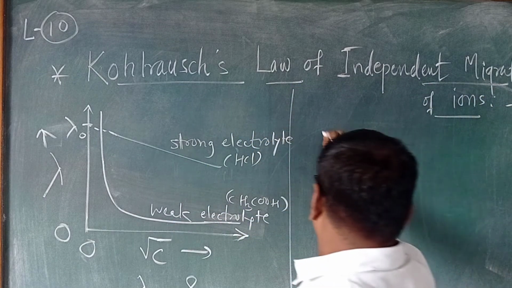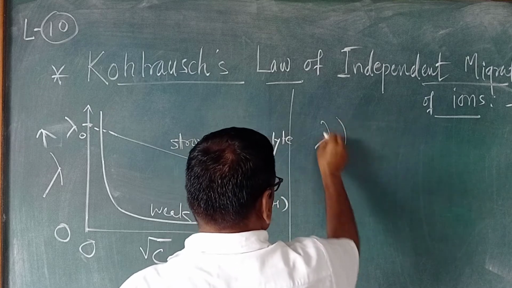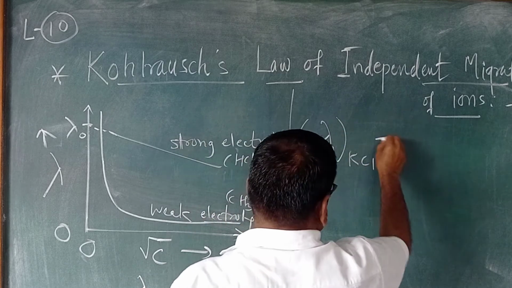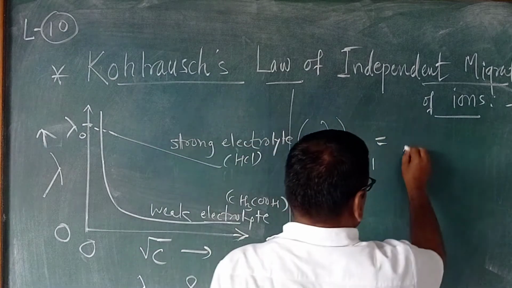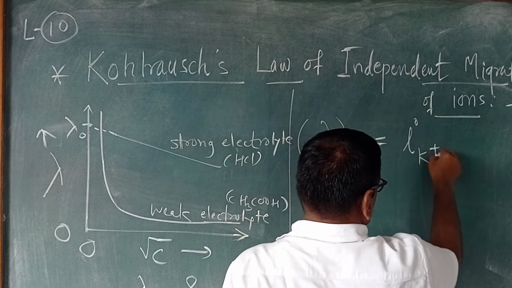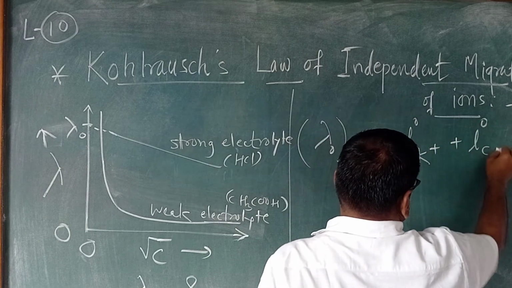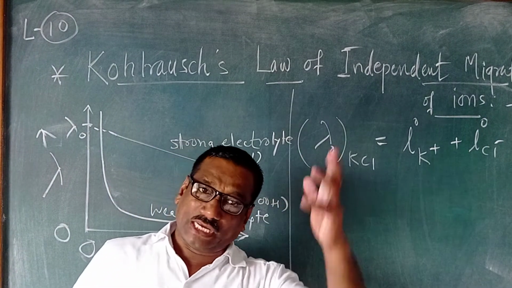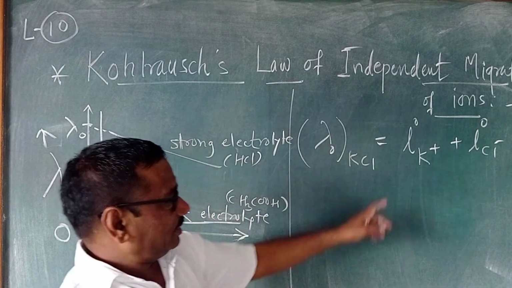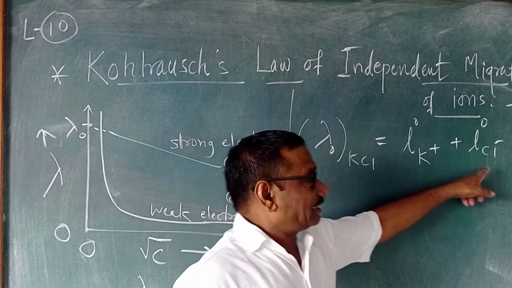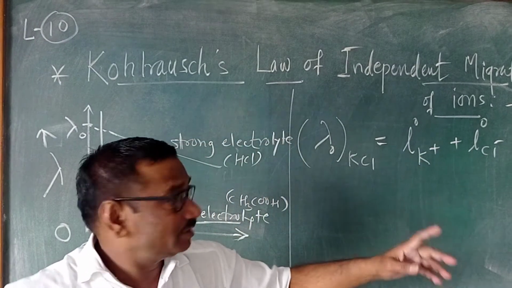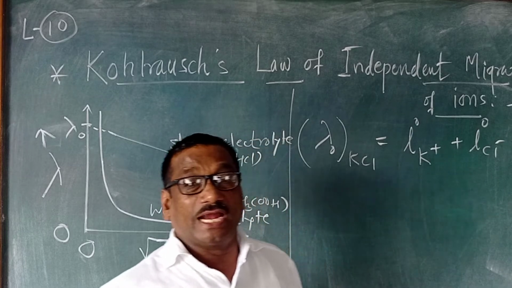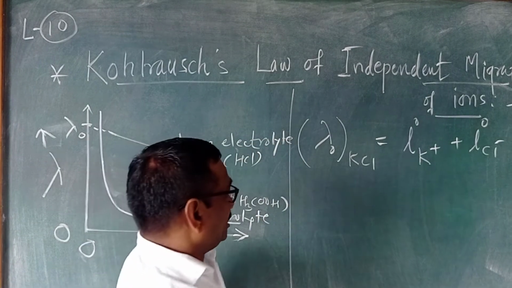For example, lambda 0 for KCl is equal to L0 K plus plus L0 Cl minus, meaning this KCl is so diluted that the cation and anion move independently from their co-ion and take part in the conductance measurement.